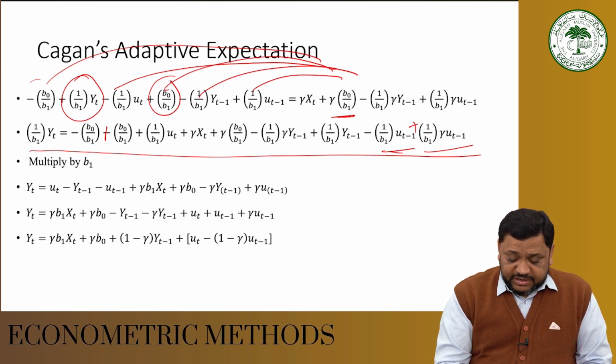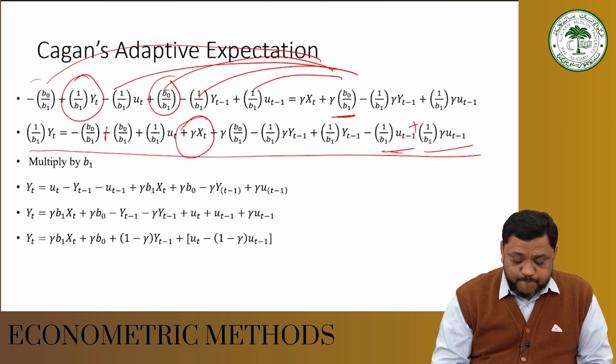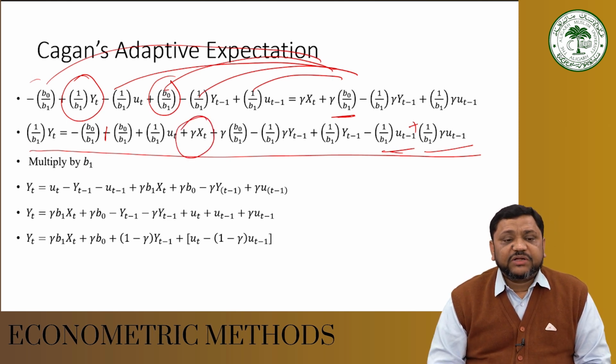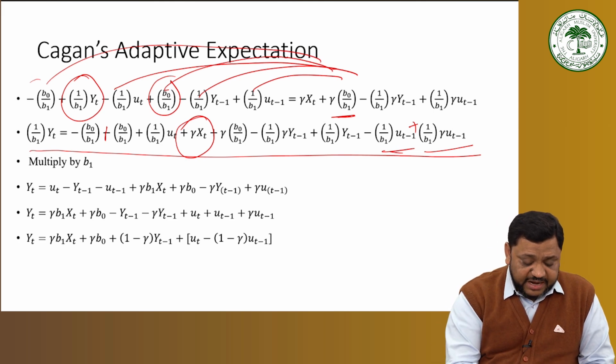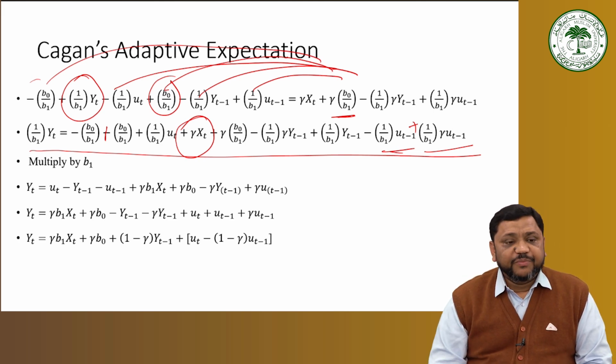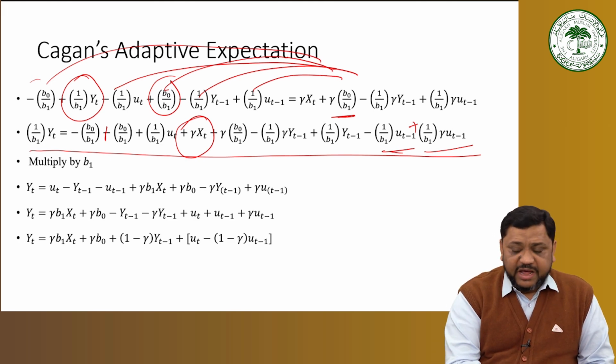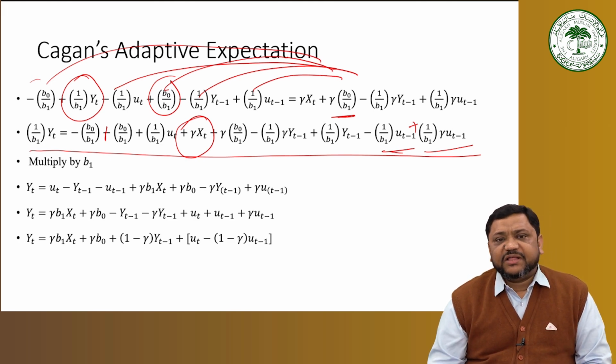So in all the terms except for the term gamma x_t, we have b1 in the denominator. In order to get rid of it, we multiply both the right hand side and the left hand side by b1.